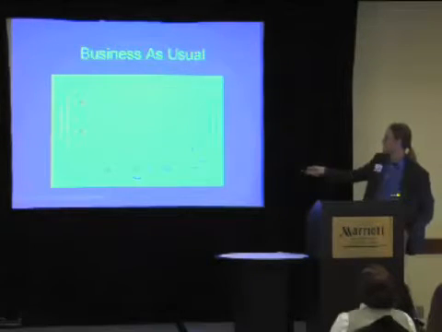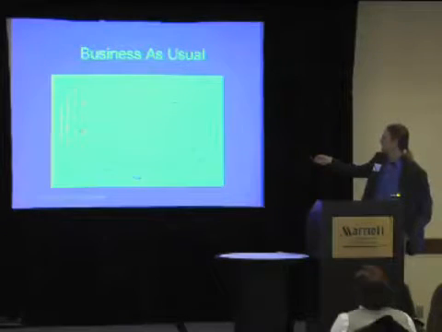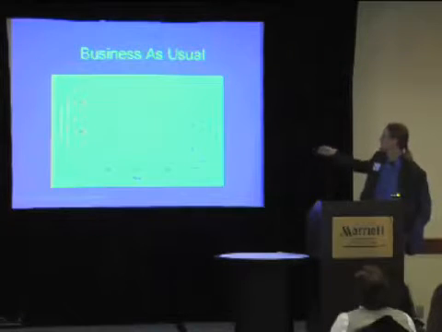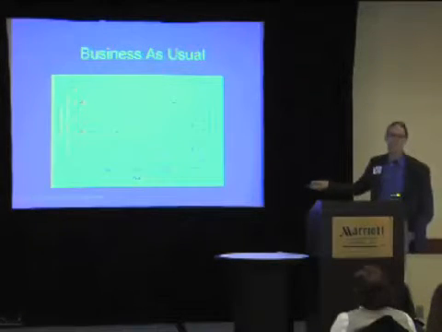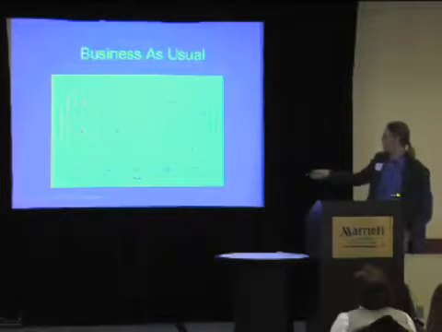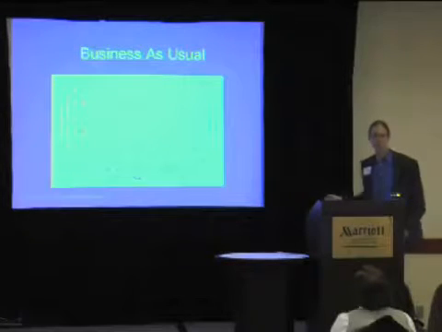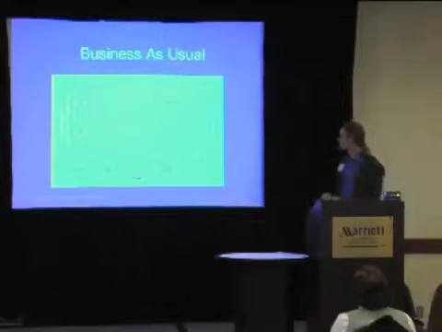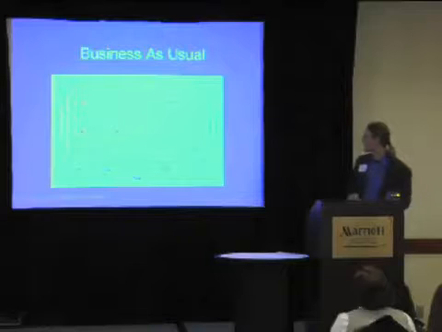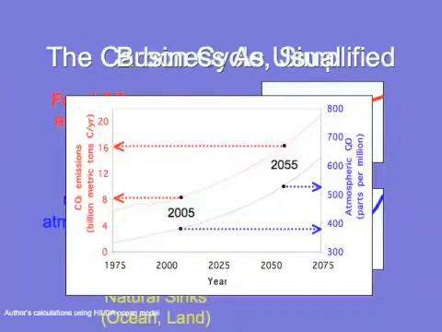In 2005, it was slightly more than 8 billion tons of carbon per year. And in the next 50 years, these are projected to roughly double with a continued upward trend. The resulting CO2 concentration in the atmosphere would then go from slightly less than 400 parts per million today to above 500, with no end in sight. And I've only taken this figure to mid-century because things just get a whole lot worse.